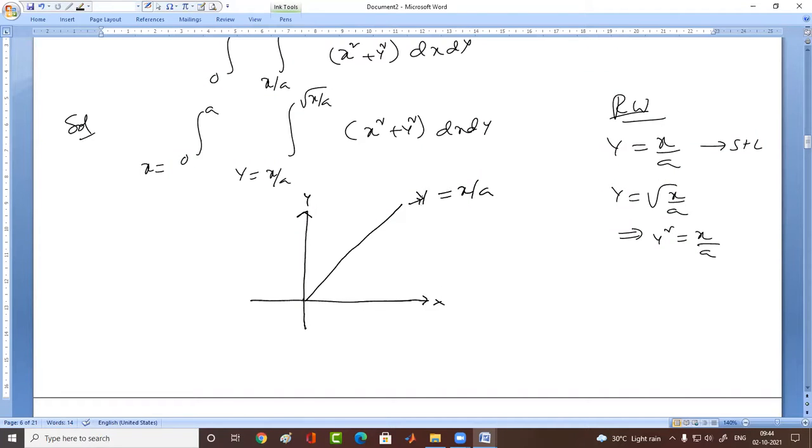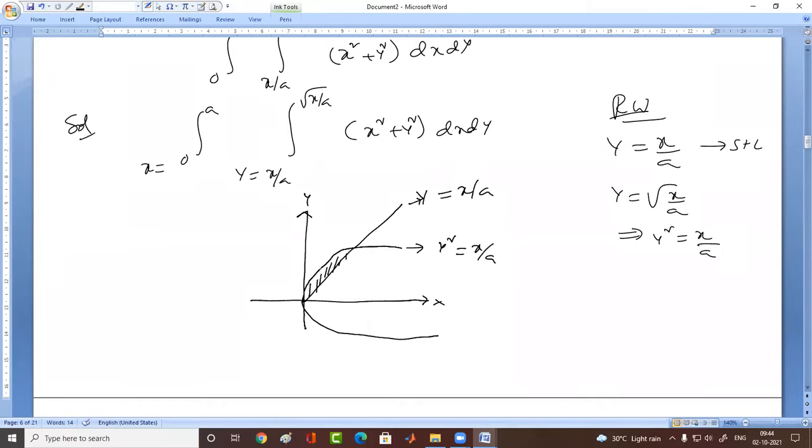Now, another curve, y square equals 4ax. So, it is a parabola, this one. Now, what is the region? Along y-axis, from straight line to parabola, this one. Straight line to parabola, this is y square equals x by a.